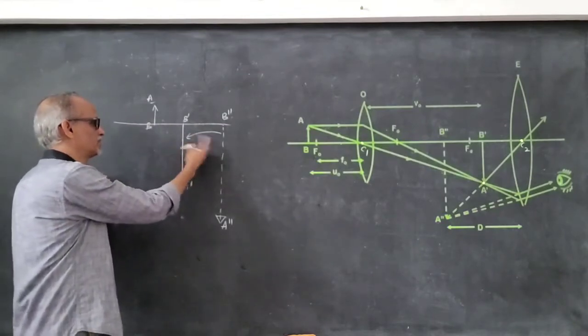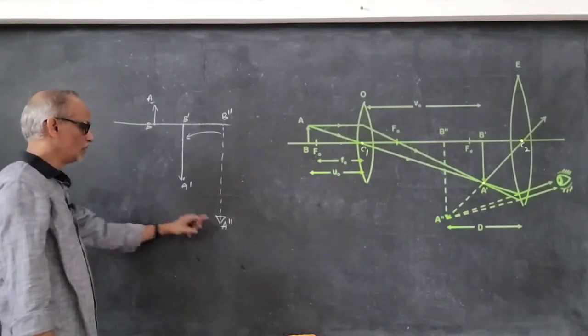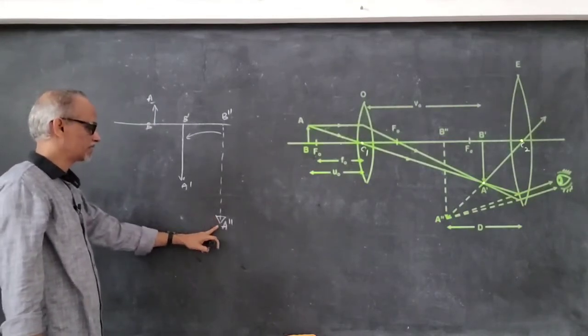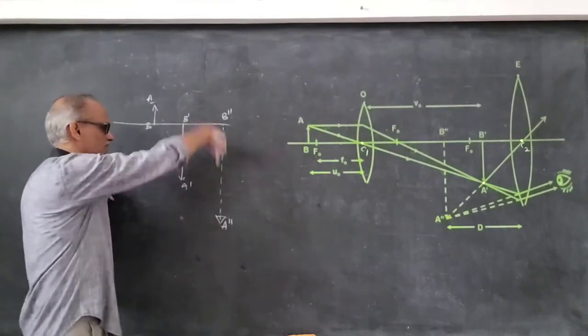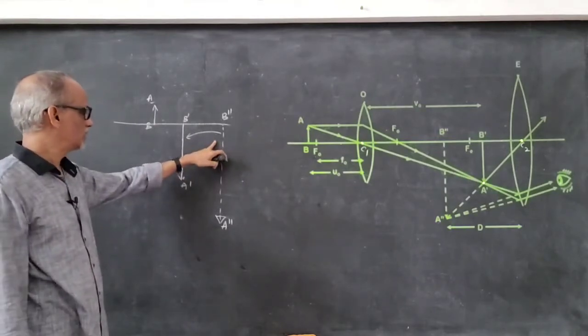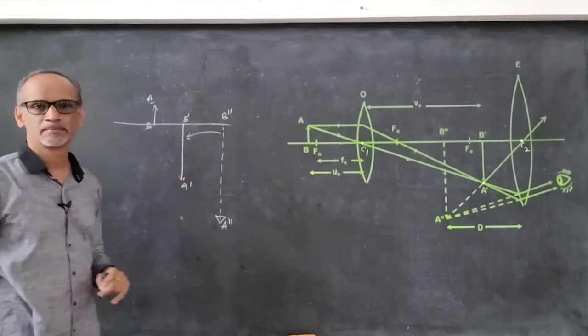If you compare the image with respect to this image, it is virtual, erect and enlarged, because both are in the same direction, correct? So it's virtual, it's enlarged, and it is erect.